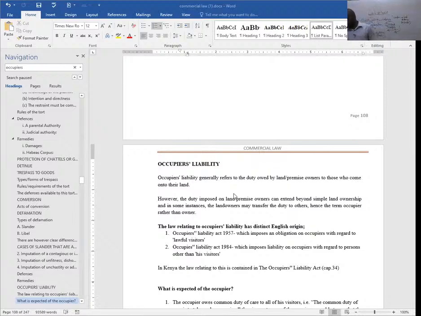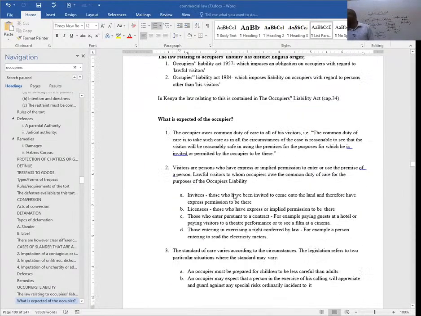What are the expectations? The occupier owes a common duty of care to all his visitors, that is, to all the visitors coming to that supermarket or premise. So he has a duty of care to ensure their safety.